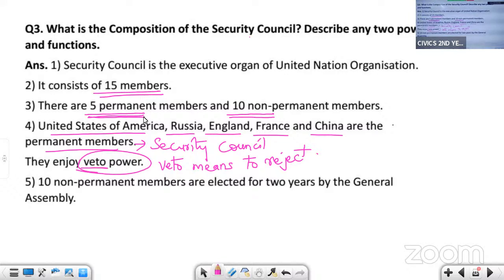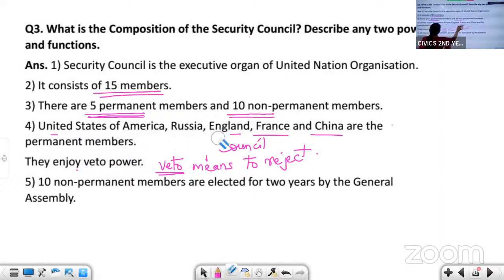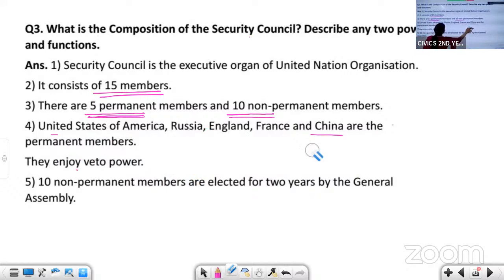They can reject the laws or the resolutions passed by the General Assembly with this veto power. These 5 nations, America, Russia, England, France and China, have veto power.